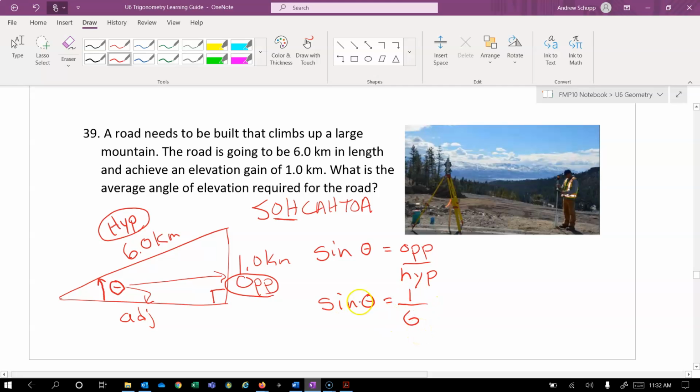And now we've got to get theta on its own, but it's being put through the function sine. So to undo that, we'll take the inverse sine of each side.